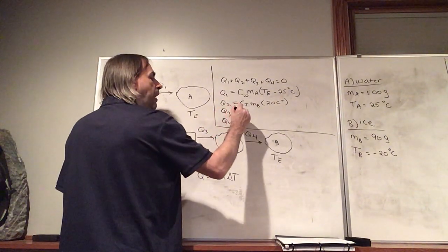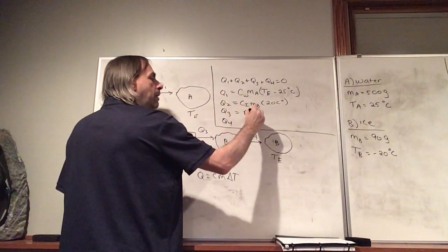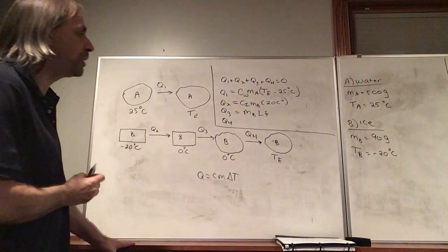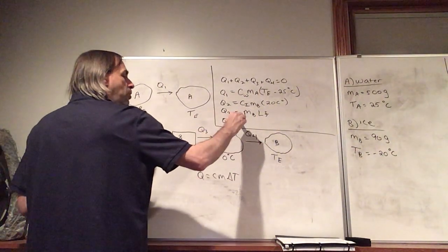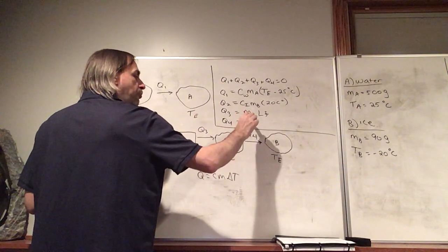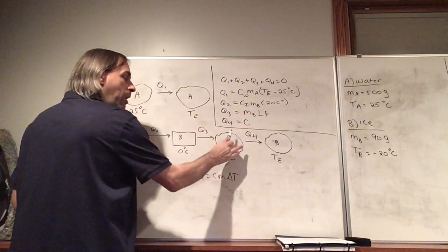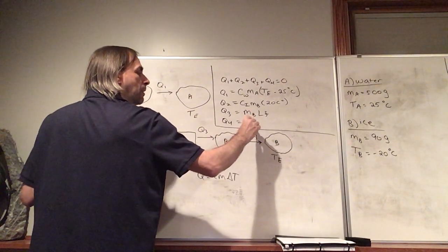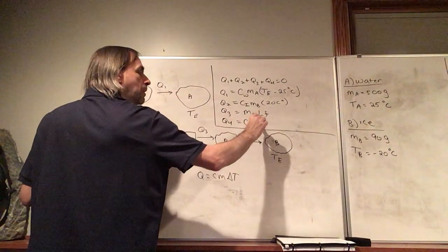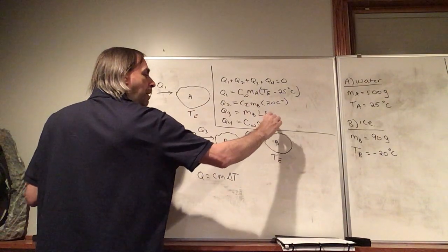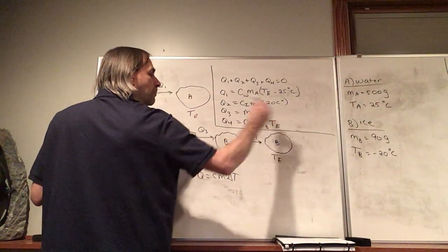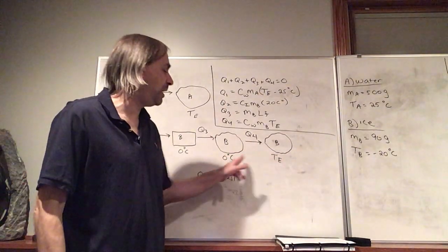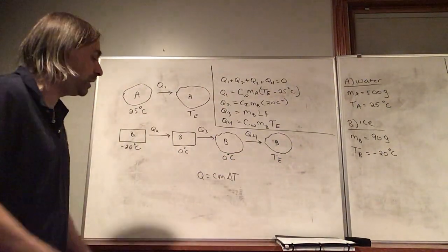This is a phase change, so we'd have MB times the latent heat of fusion. And finally, Q4, that's this temperature change. Now, this water is in a liquid state. So we use the specific heat for water times MB times TE. The temperature change is TE minus 0, so just TE.